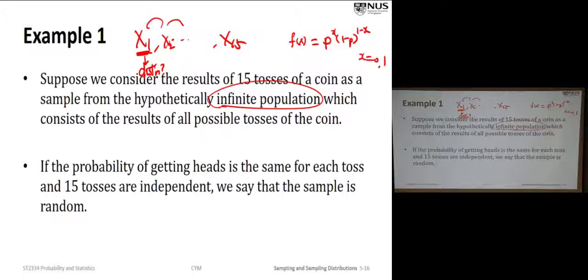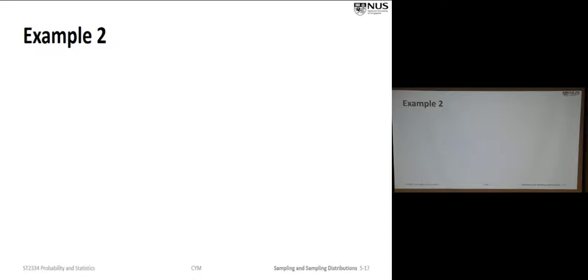So what we define is that, okay, a random sample is represented by a bunch of random variables, x1, x2, up to xn, and each of them has the same distribution. Same distribution. Not only that, all these xi are independent.